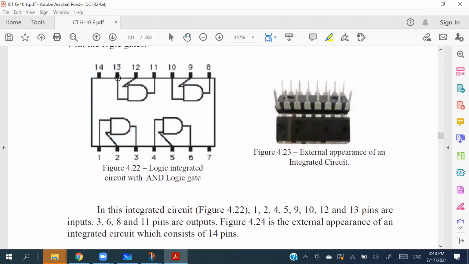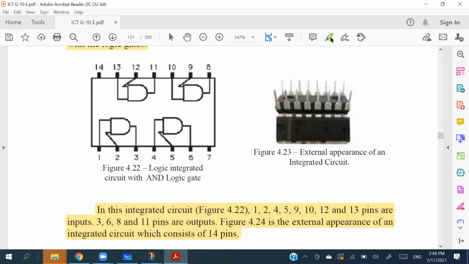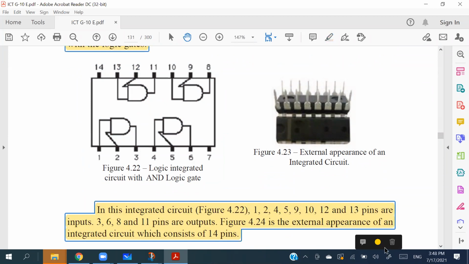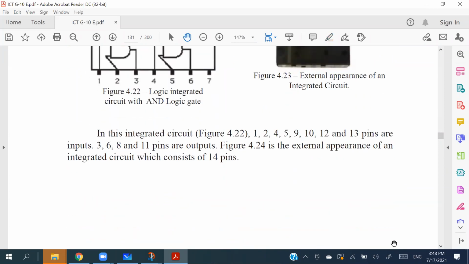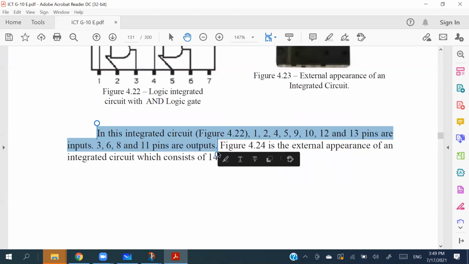Then below, after the diagram, you have to write this.